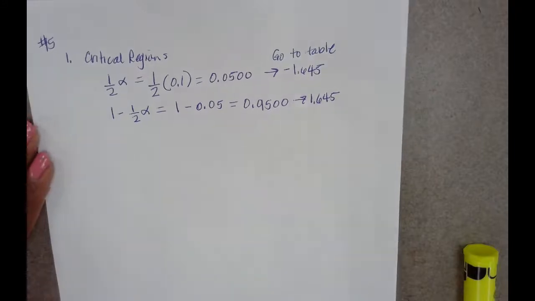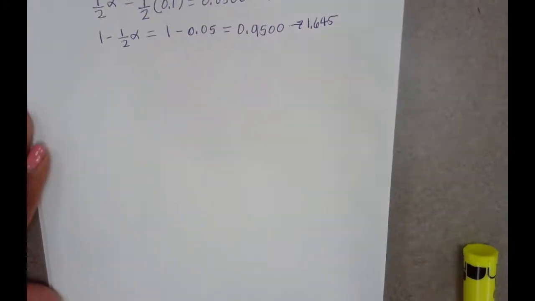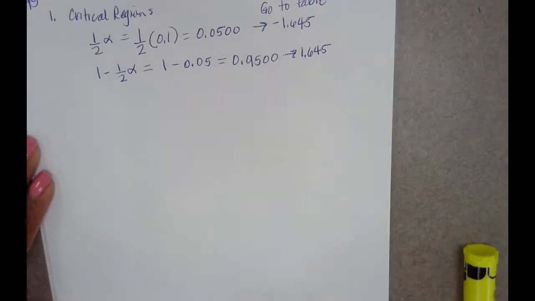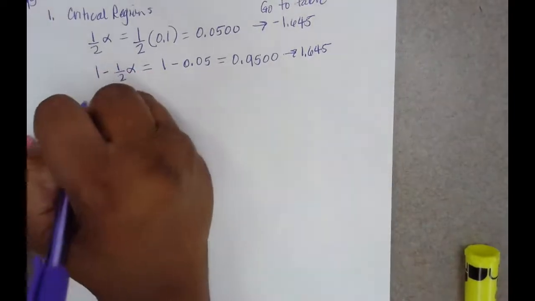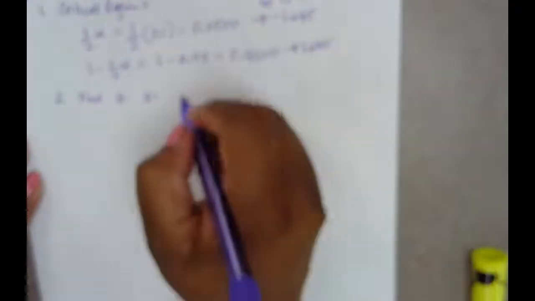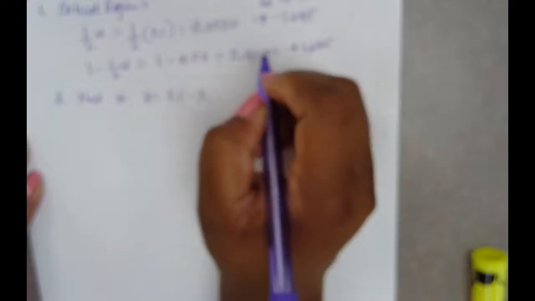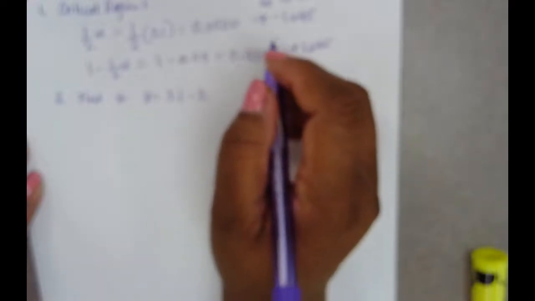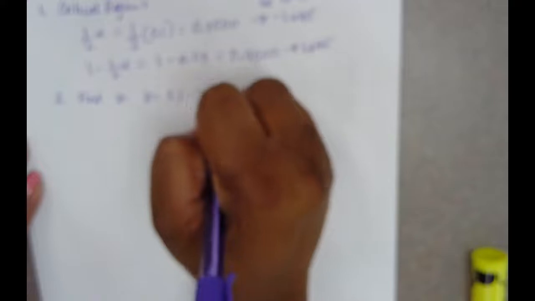let's find our Z. Remember, Z is equal to our sample mean, in this case 3.1, minus the population mean, which is 3.2, divided by the standard deviation, divided by the square root of the sample size.